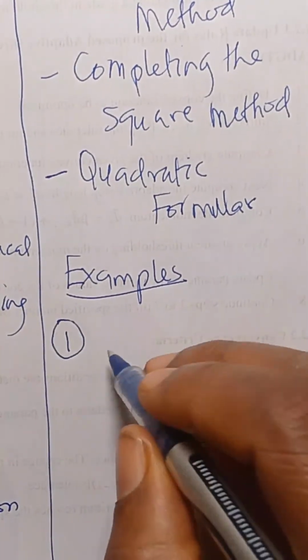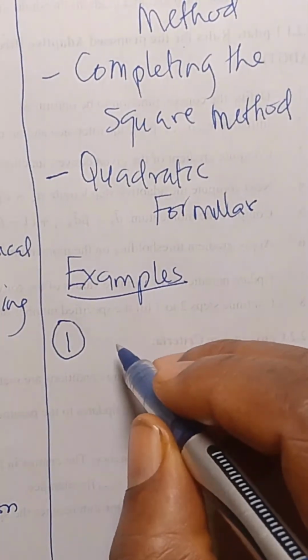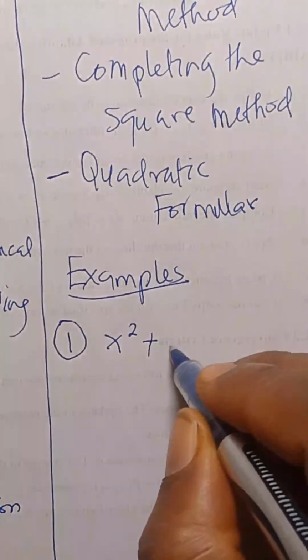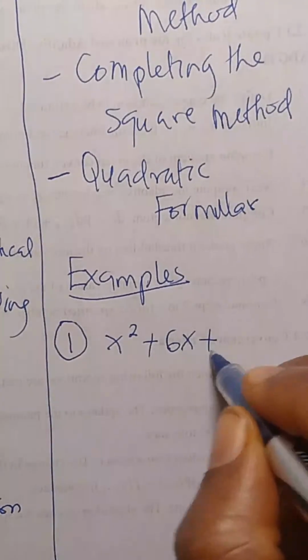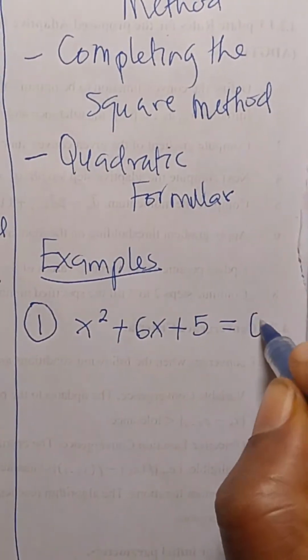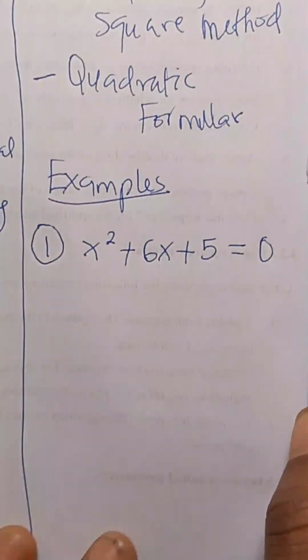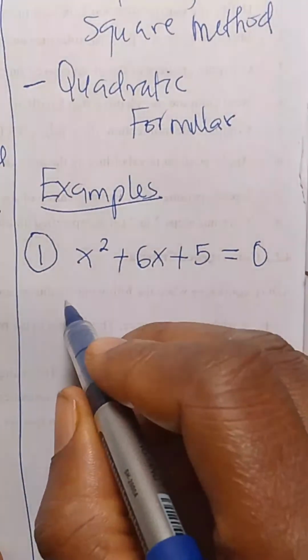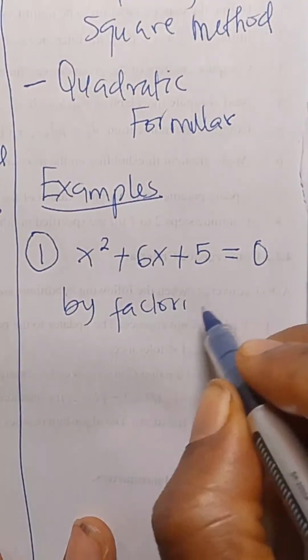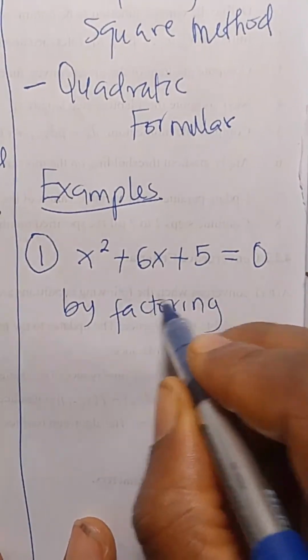Example number 1. We have x squared plus 6x plus 5 equal to 0. We are starting with this first example, and we are solving it by factoring. Remember, I told you that factoring and factorization method are the same thing.